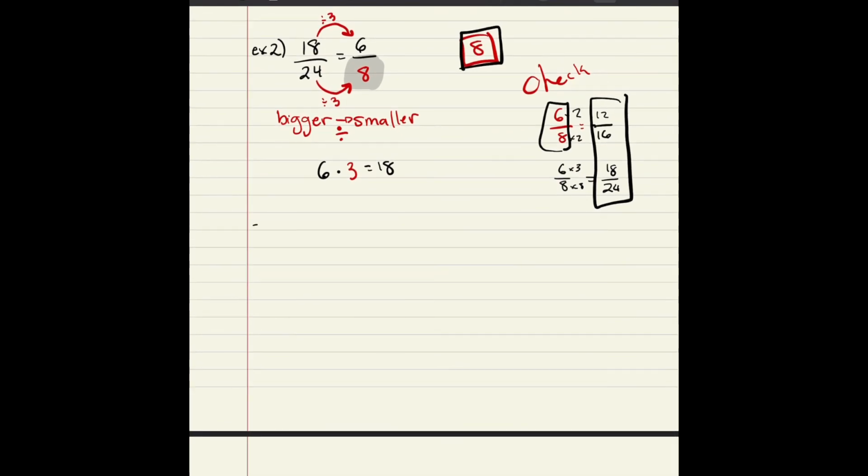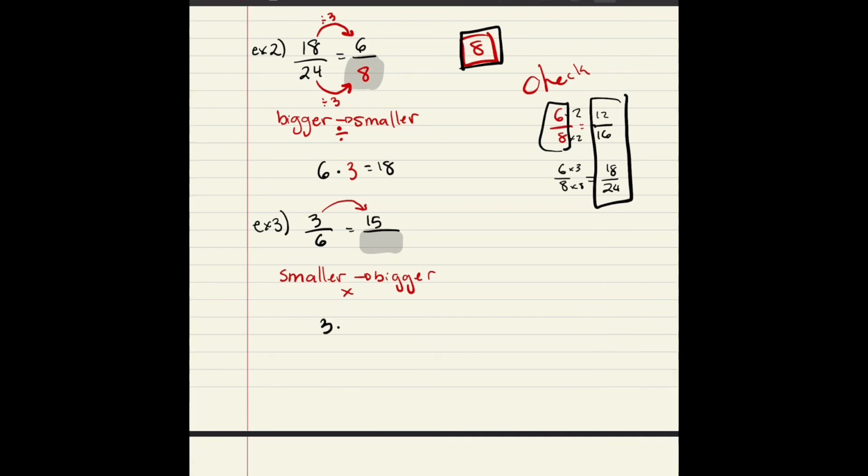All right, let's do a last one. 3/6 is equal to 15 over unknown. So I'm going from smaller to bigger, which means I'll be multiplying. And I see here that I have a common multiple between 3 and 15 because 15 is a multiple of 3.